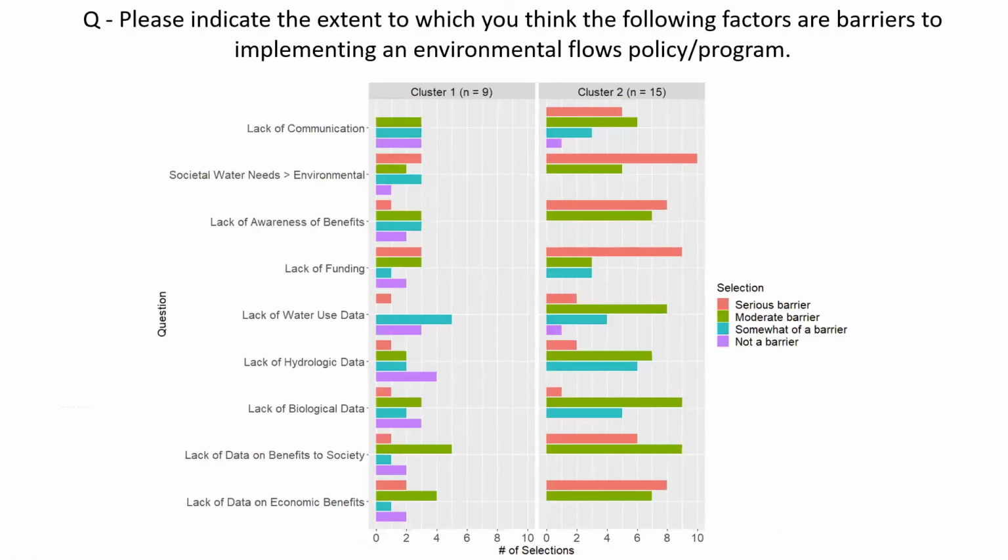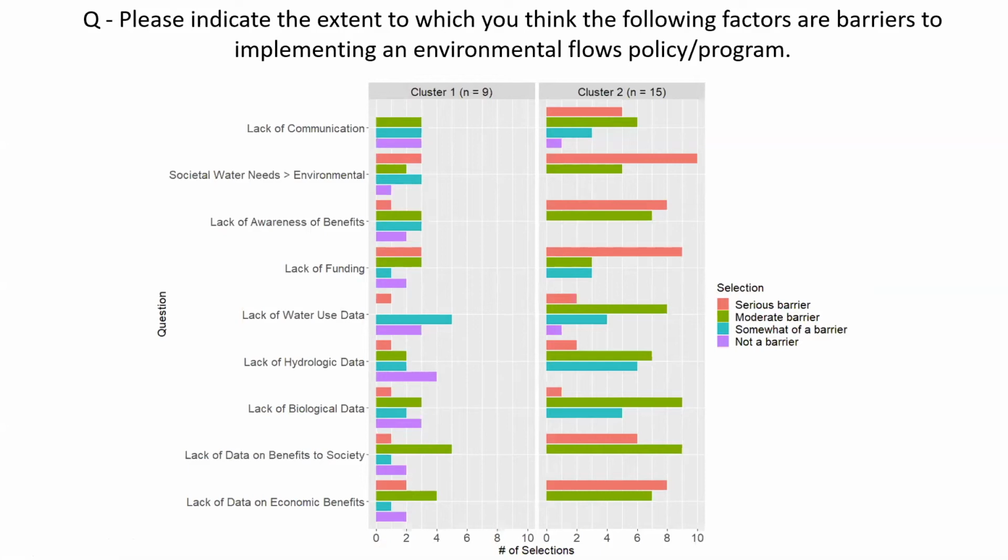And so the next question asked about barriers to implementing environmental flows, policies, and programs. On the y-axis here, we've listed out a bunch of factors that we think might be a barrier to implementing some sort of policy or program, like lack of funding, lack of water usage data, and then the respondents could indicate whether they thought that was a serious barrier, moderate barrier, somewhat of a barrier, or not at all a barrier.